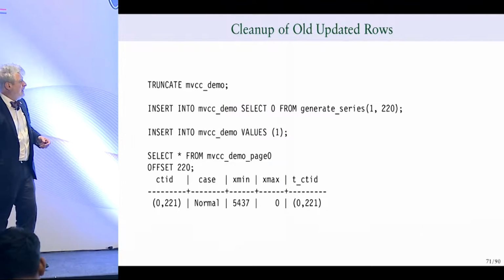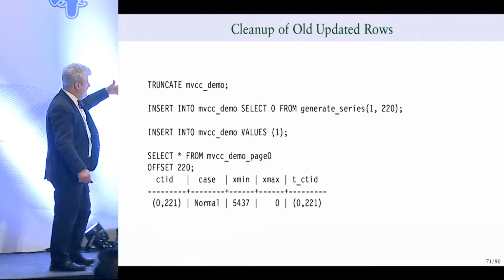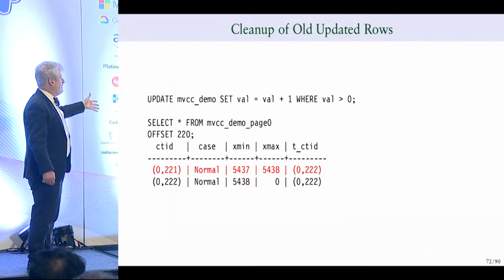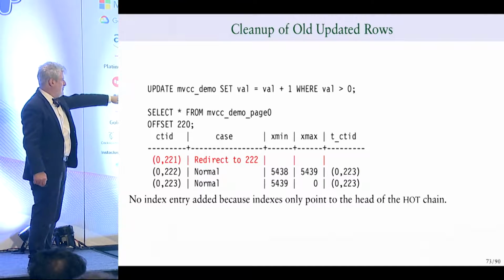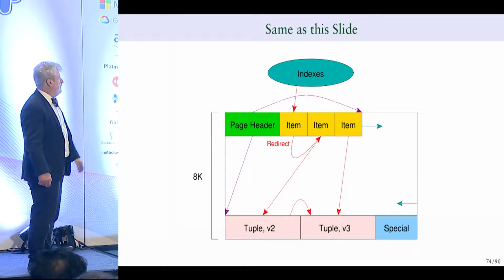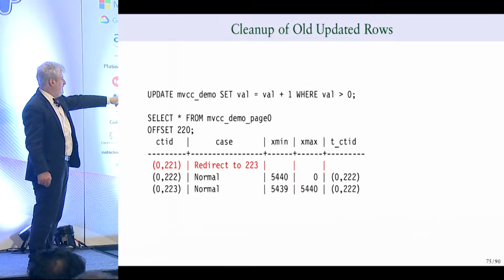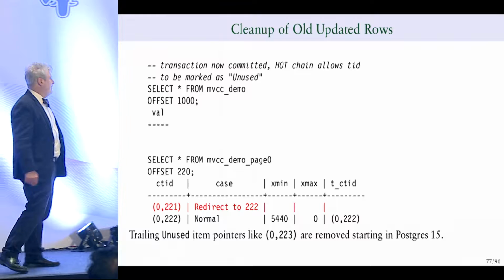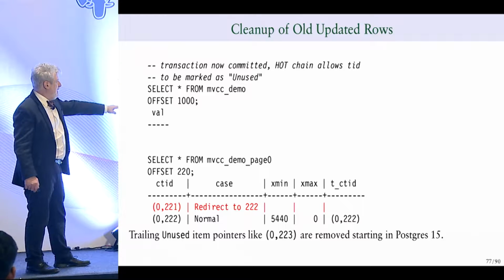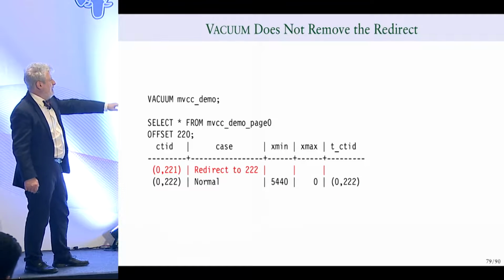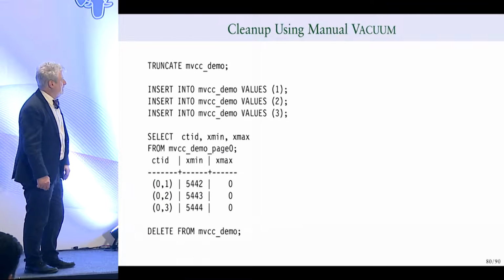Okay, and then finally, you eventually do a cleanup, and eventually there's a redirect right there. Again, here's the redirect. You can notice this was 222. Now it's redirected to 223. And finally, you basically get a cleanup where you run vacuum, and now the whole thing is cleaned up.